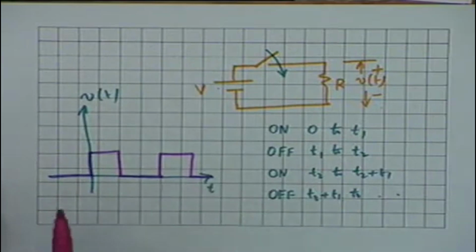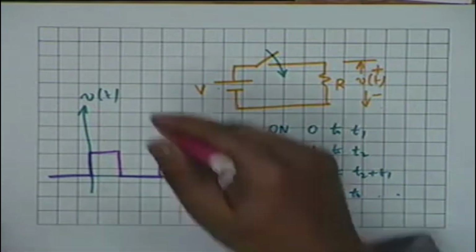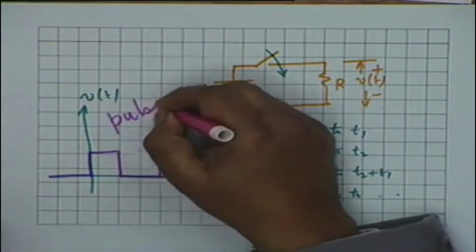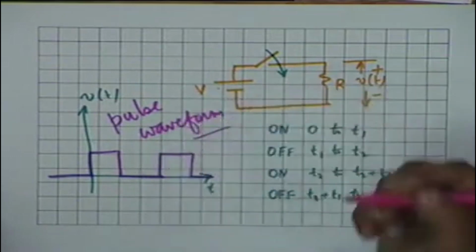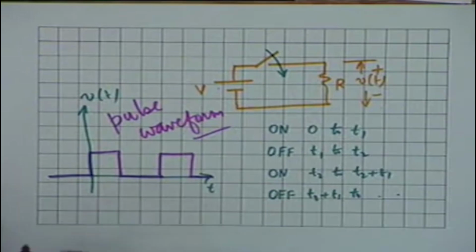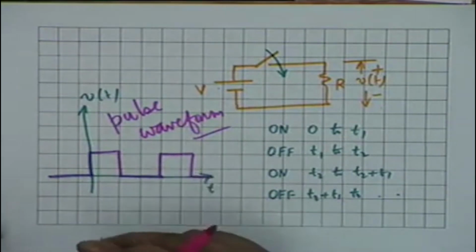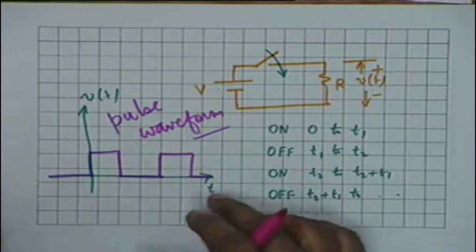Such waveforms, they look like rectangles. They are called pulses. So this is a pulse waveform. And you have seen how it can be generated. This is also a special kind of signal, because it is time varying.